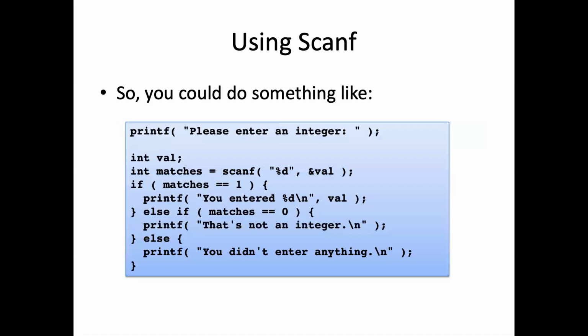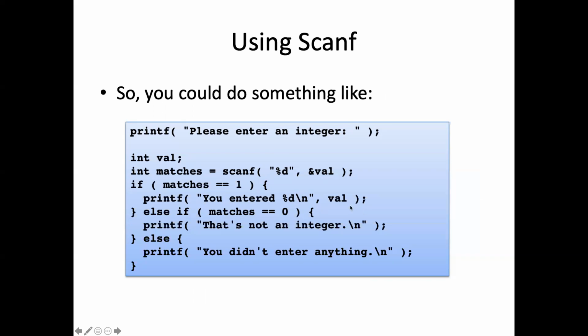So this next sample piece of code shows how you might normally try to use scanf. It's kind of a silly example, but I prompt the user for an input. I call scanf and try to store it in this variable, but I save the return value of scanf, and then I can check that to see what happened. If the user typed in a legal integer, scanf should return 1. So I'll print out a message saying they typed in a legal integer.